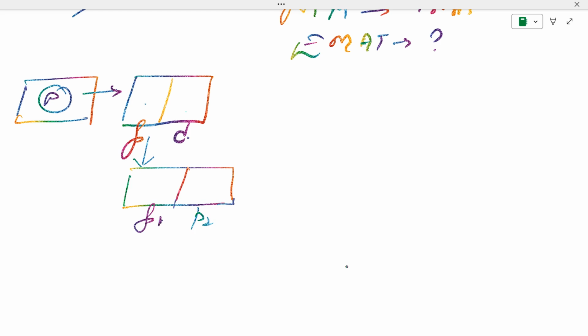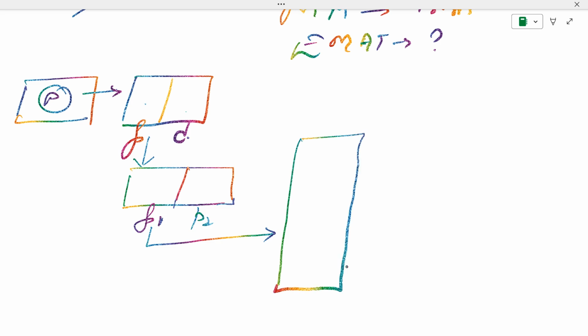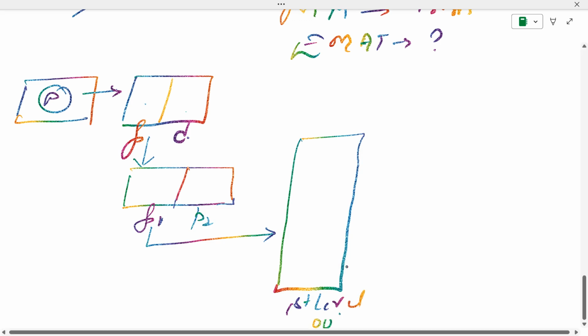Now P1 contains the number of pages of the page table. So in the normal case, what will happen is that this will go to this page table, which is the first level paging, or you can say outer paging.